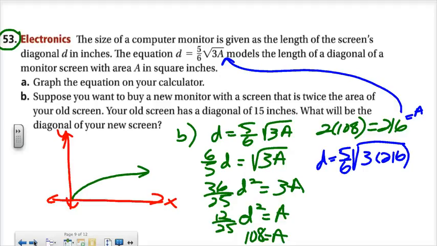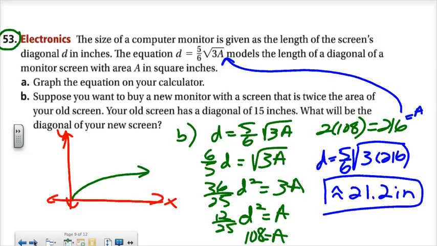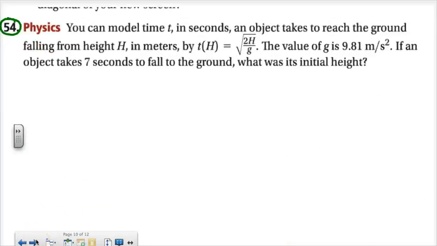Let's see what the book rounded to since they didn't tell us which way to go with this. Yeah, they left it in tenths. So approximately 21.2 inches for that new diagonal. Although, you know, you probably can't get a TV that's exactly 21.2 inches, but you take whatever was close enough. All right, probably something higher if you wanted to make sure you doubled the area.